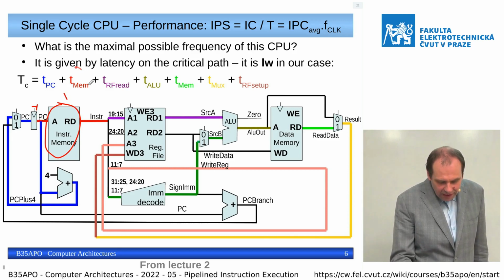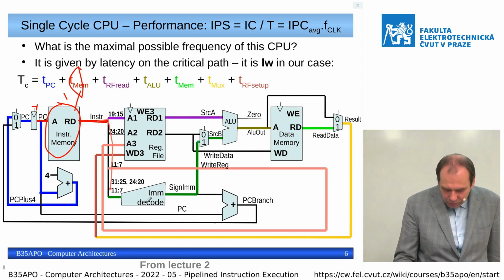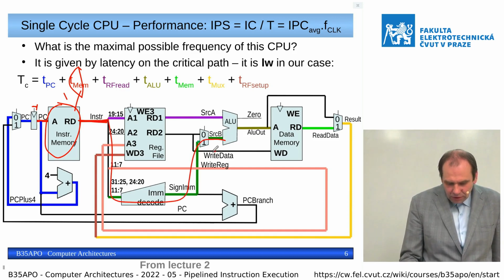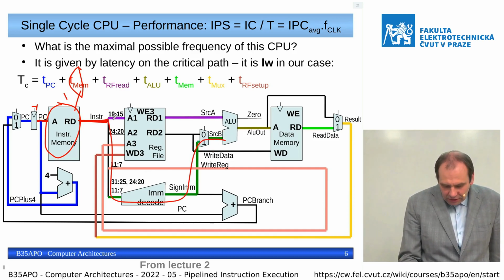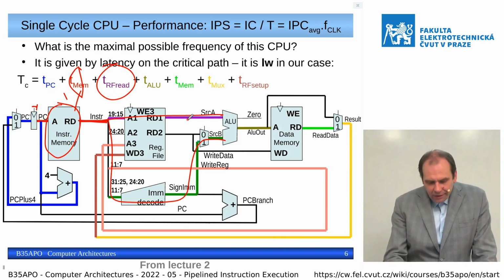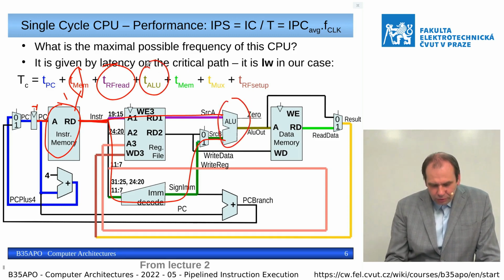Then there is some time to access the memory. Then the instruction is read, and it takes some time to decode it for the immediate value, which is probably shorter than the time before we read the value from the register. So we need to add the time for propagation and reading the register. Then there is time to compute the actual result on the arithmetic logic unit.